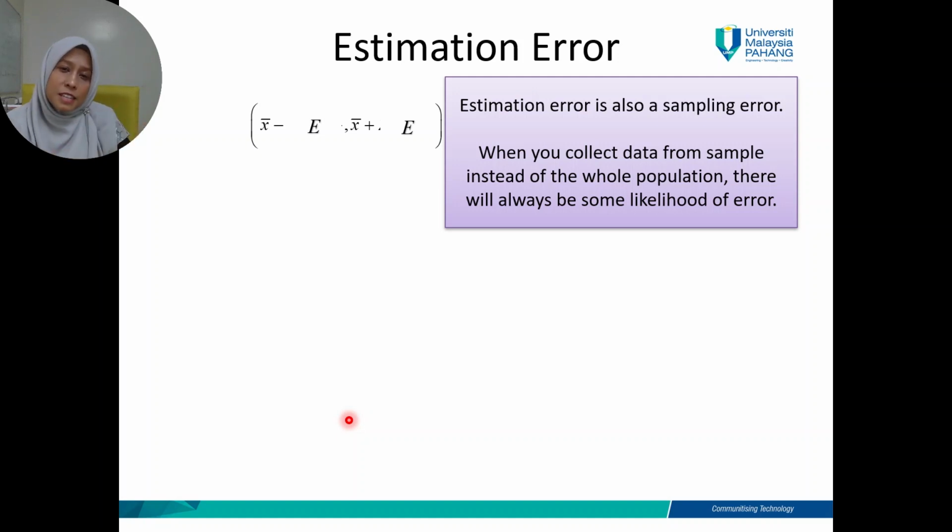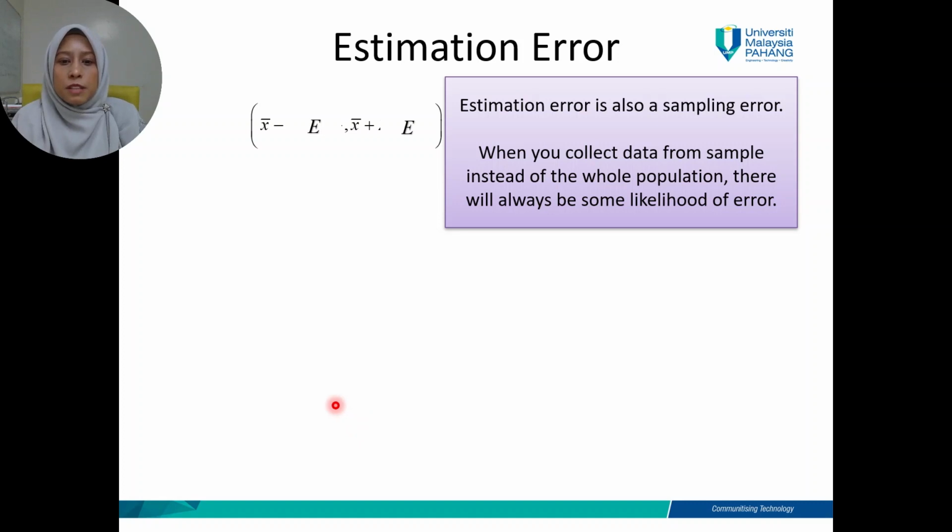So when you collect data from a sample instead of the whole population, there will always be some likelihood of error. When you want to estimate a parameter using sample data, you are bound to make some error. This is called the estimation error, the error that occurs because you do sampling.